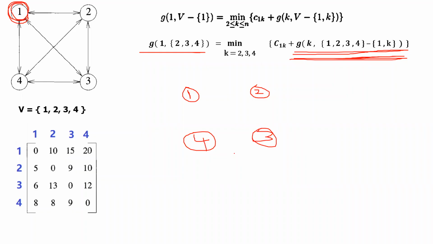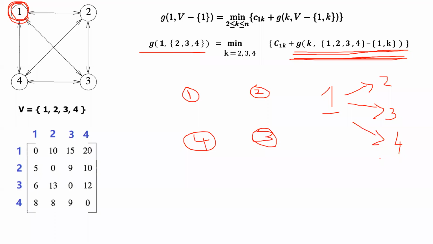There are 3 possibilities. After visiting city number 1, you may go to city number 2, you may go to city number 3, or you may go to city number 4. Now, to which city you will travel next, that depends upon the shortest path. From 1 to 2 it is shortest, or from 1 to 3 it is shortest, or from 1 to 4 it is shortest.